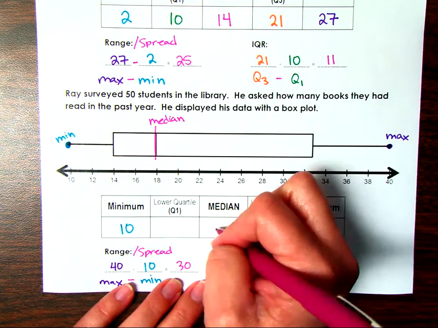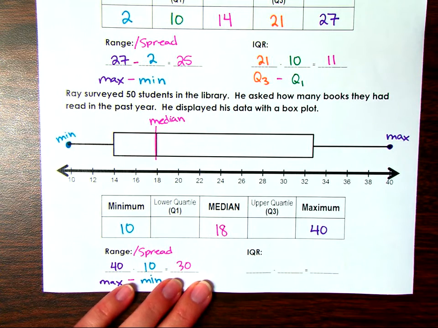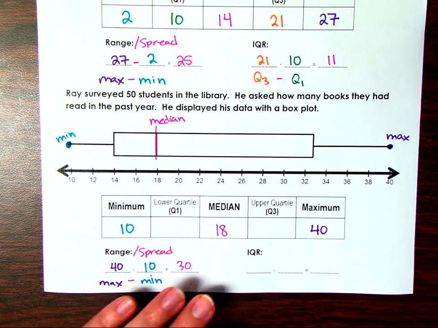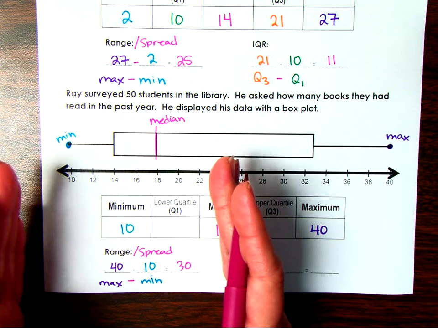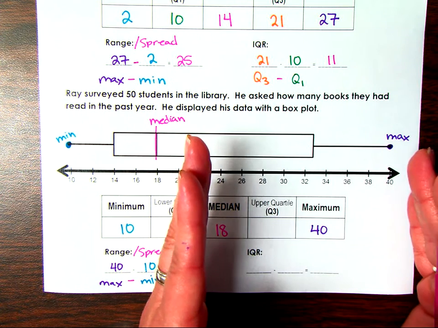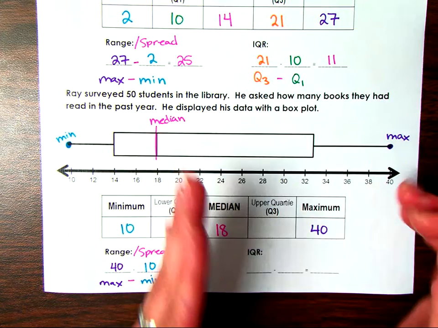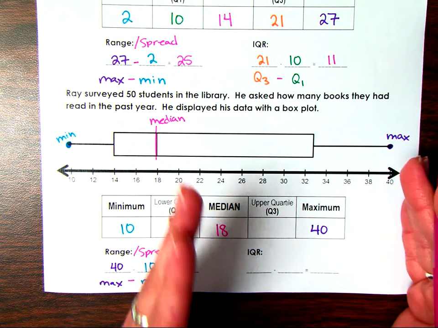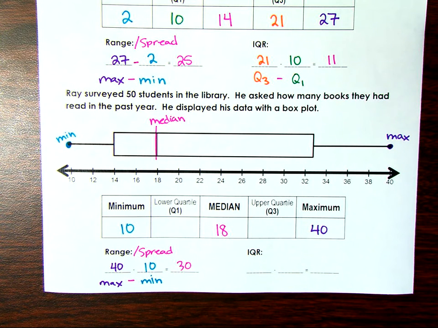So the median was actually 18. That means 25 of your numbers were between 10 and 18, and the other 25 numbers, because there's 50 total students, were between 18 and 40. We'll talk more about what that data means in future lessons, but right now we're just talking about what is called the IQR.